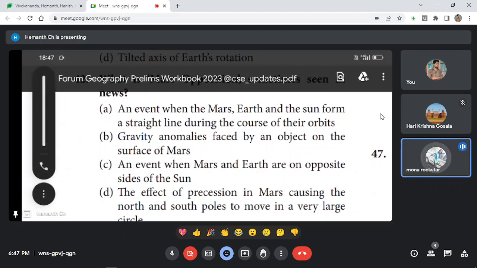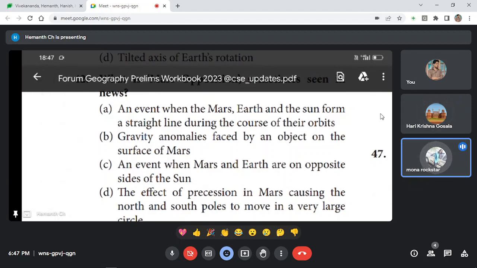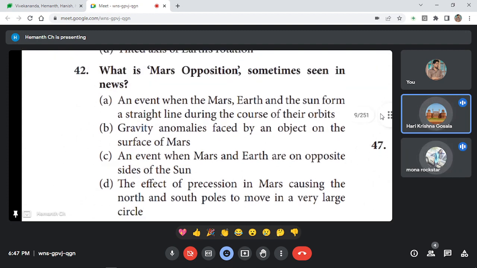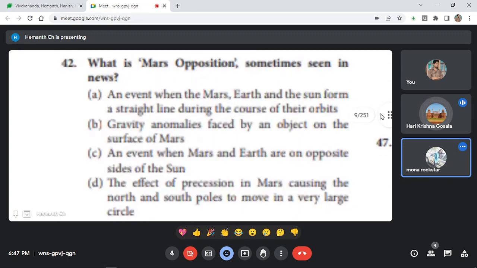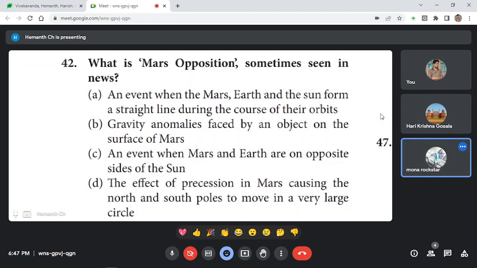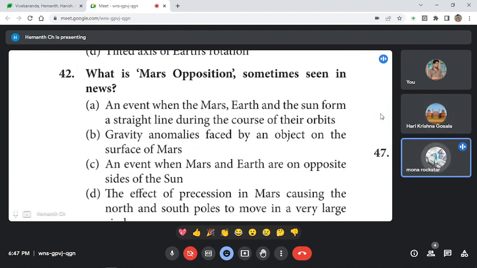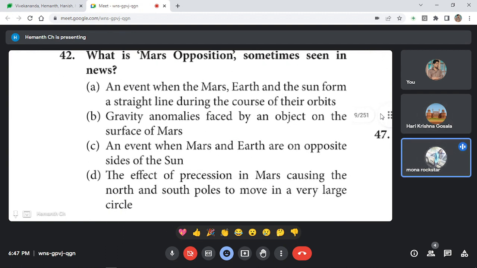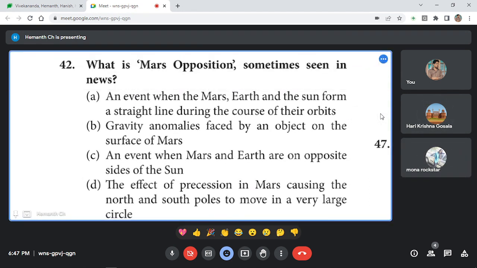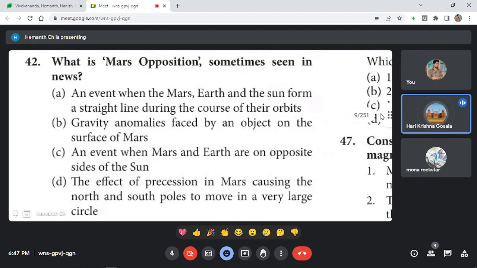I think C, opposite. Yes, Monica, the answer is: an event when Mars, Earth, and Sun form a straight line.